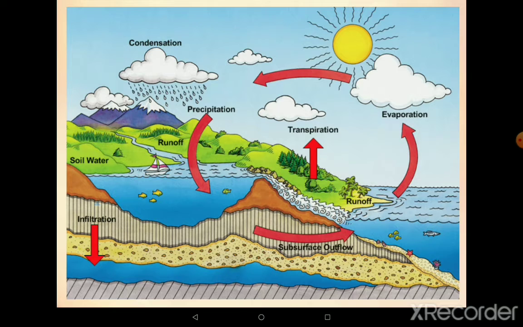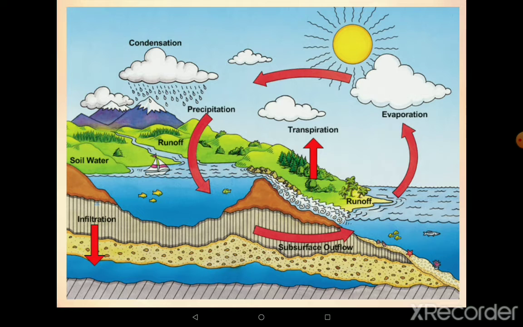These tiny droplets of water join together to form clouds. Then on cooling further, these tiny droplets in the cloud become larger and fall as rain. This is known as precipitation.